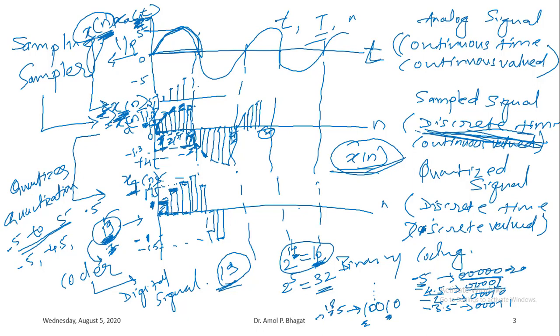The output of the sampler is the sampled signal, which is a discrete time but continuous value signal, given to the quantizer. The quantizer output is called the quantized signal, which is a discrete time and discrete value signal, given to the coder, which converts it into actual binary code, that is the digital signal.